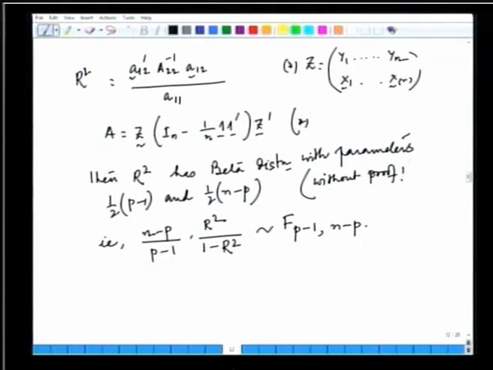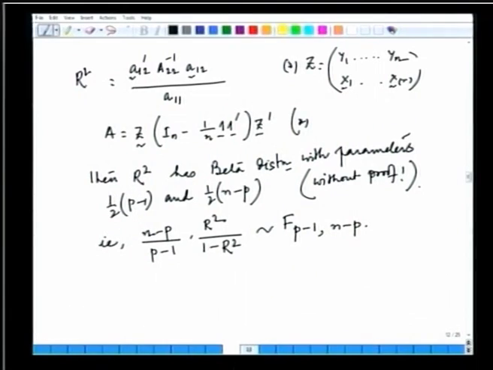So this derivation has not actually been done, we are only mentioning it here, and after this the rest comes quite easily. This is from simple knowledge of sampling distributions: if we have a beta distribution, then we can have this type of thing as an F distribution.